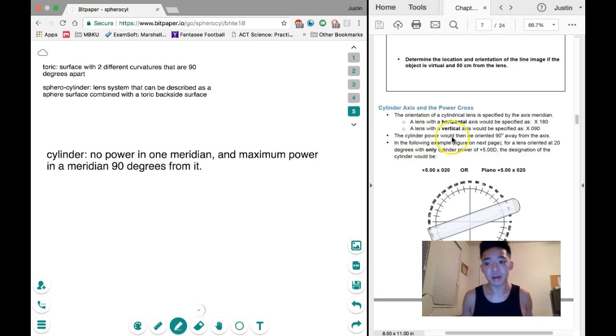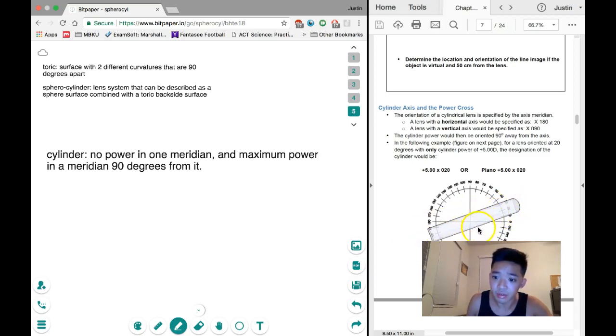The cylinder power would then be oriented 90 degrees away. So for example, we have this cylinder here. Hopefully you can see that the curve is not at 20.